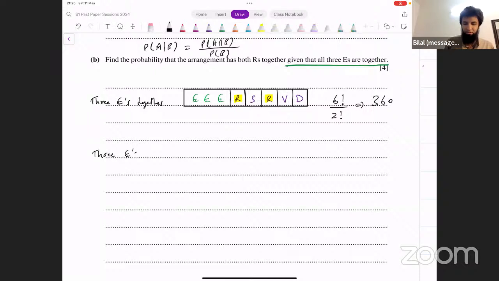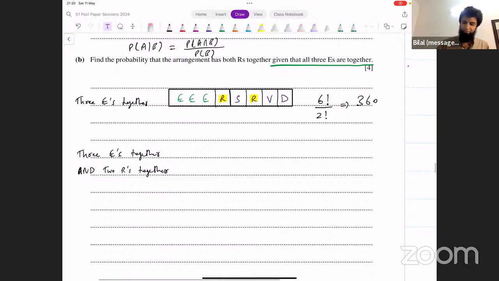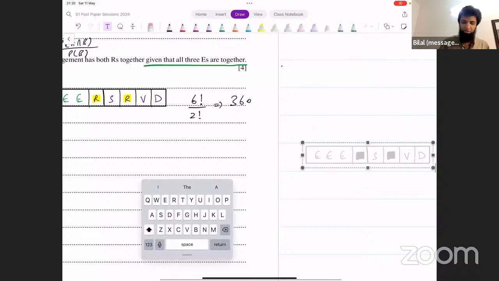3 E's together. That is still going to be the case, right? We're looking for the intersection. And 2 R's together, both R's together, basically. In how many ways can we arrange this now? Again, we could consider the box representation. We could say we had 8 boxes initially.